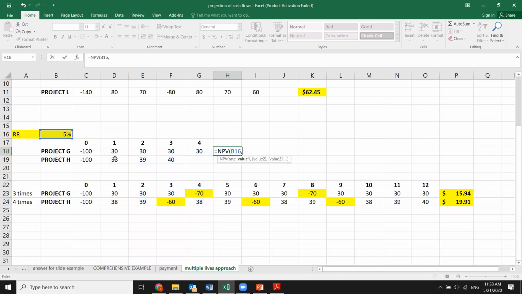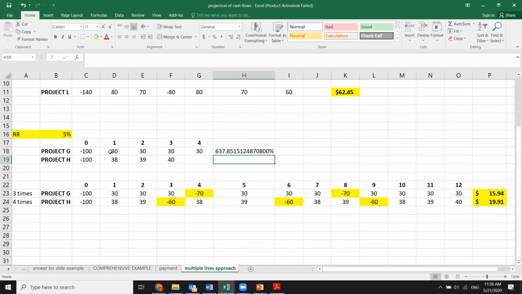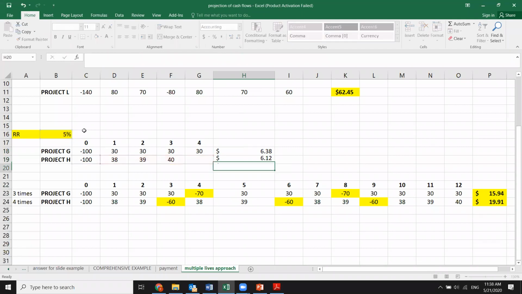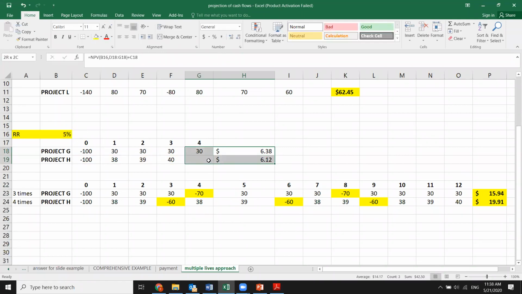Rate plus investment cost. Cash sign. Okay. This is the NPV before making the least common multiple calculation.